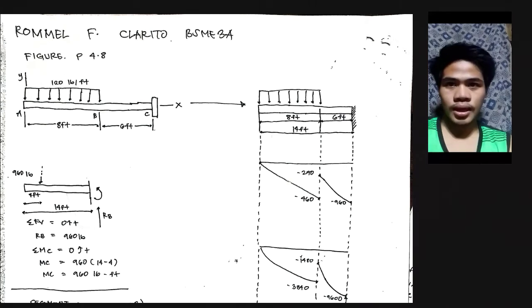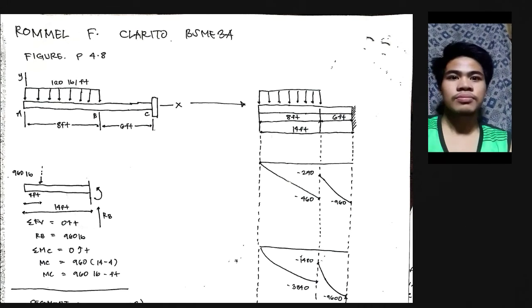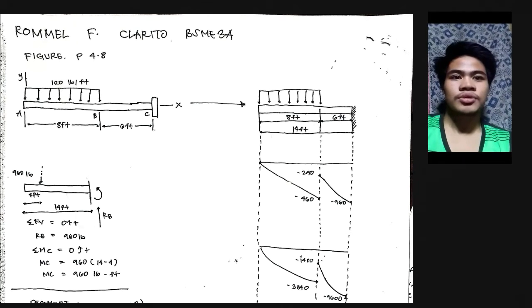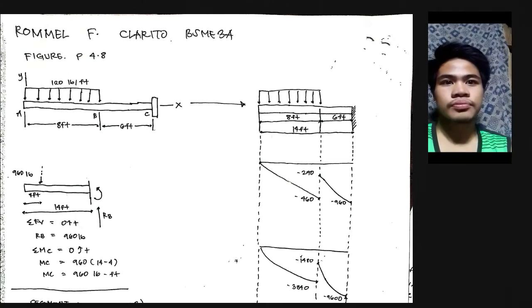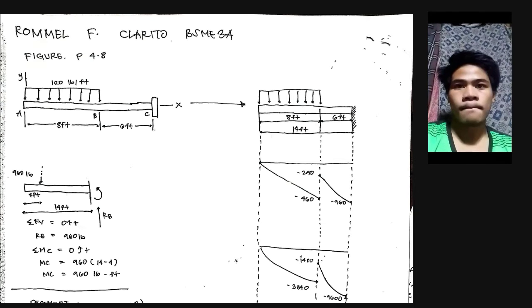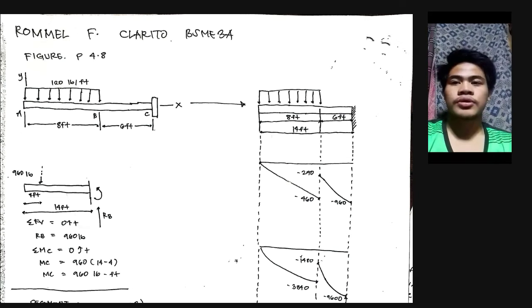Here we can solve for the moment diagram by first getting the moment and the reaction forces of the beam. Here, by getting the concentrated load, we have 960 pounds and a measurement of 4 feet from the side to the single concentrated load, and the total distance of 14 feet.